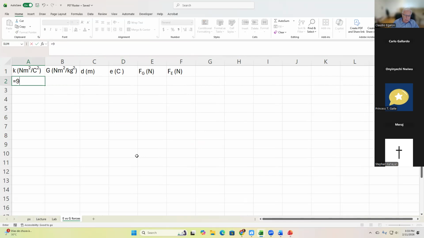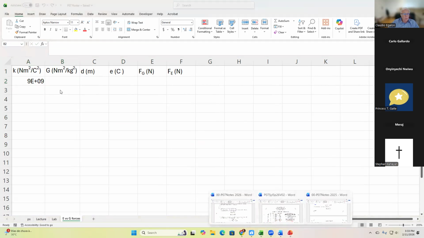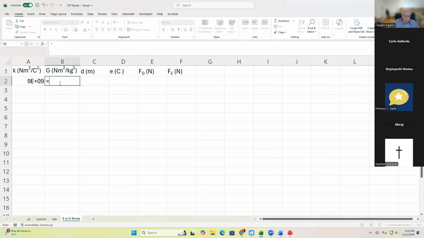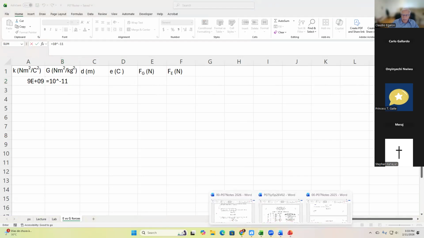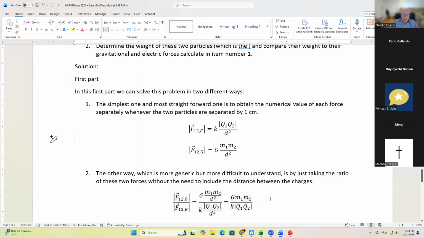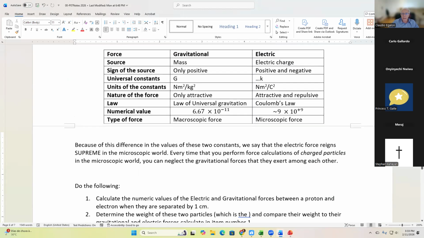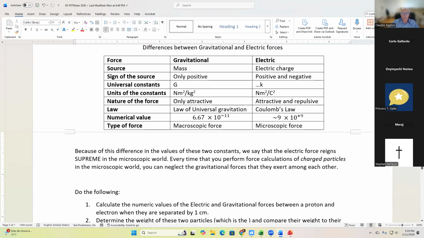K is easy to memorize, right? This one is 9 times 10 to the 9, a very good approximation for this constant. The big G, we know, is 10 to minus 11, and the number that goes in front of the 10 to minus 11 is 6.67.